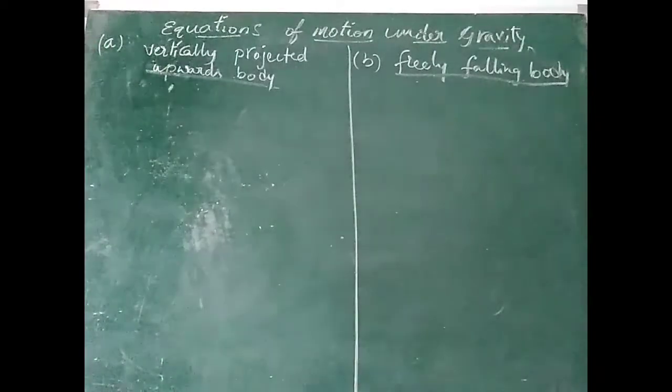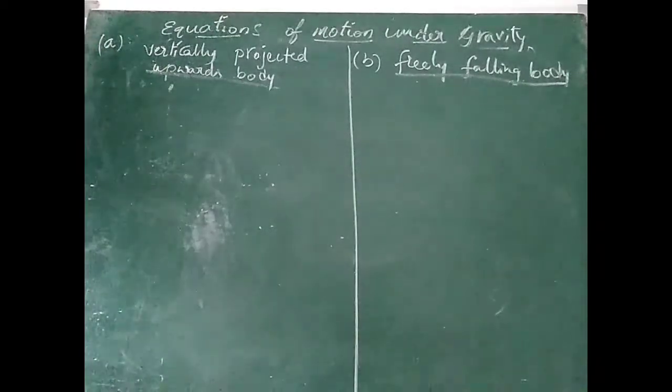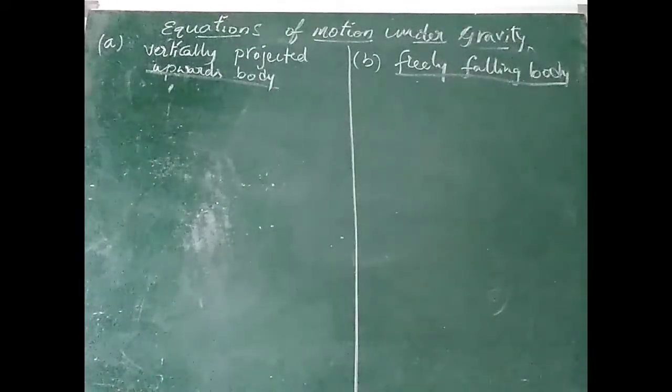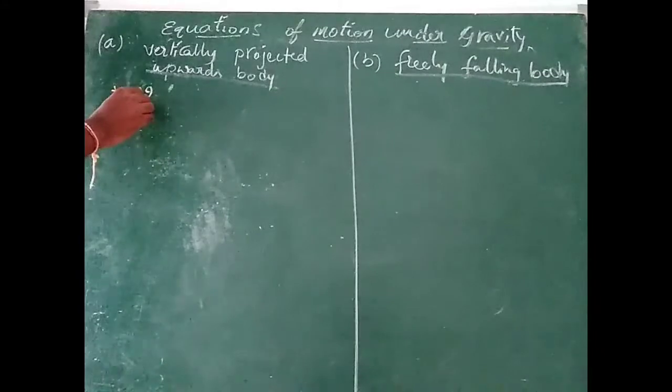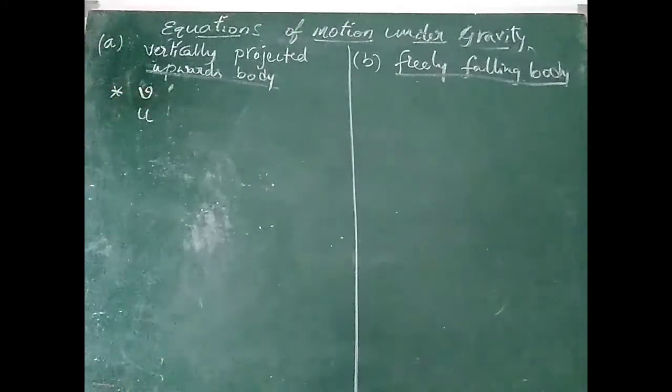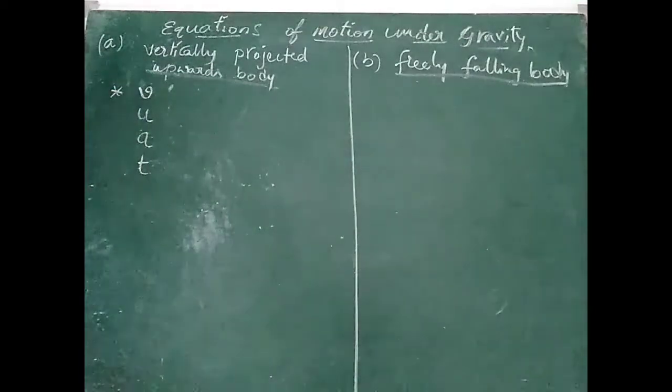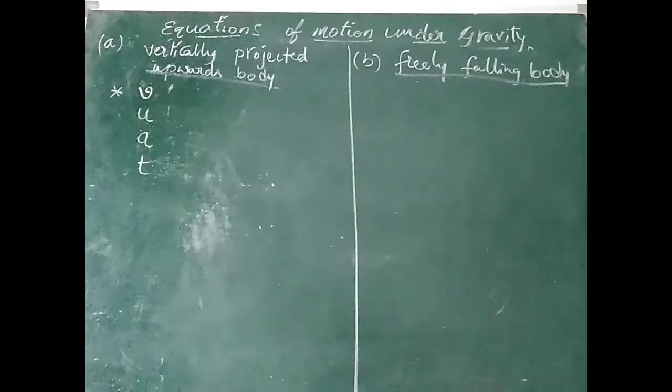So in the case of vertically projected body, in equations of motion, what are the terms we have? First equation: V is equal to U plus AT.